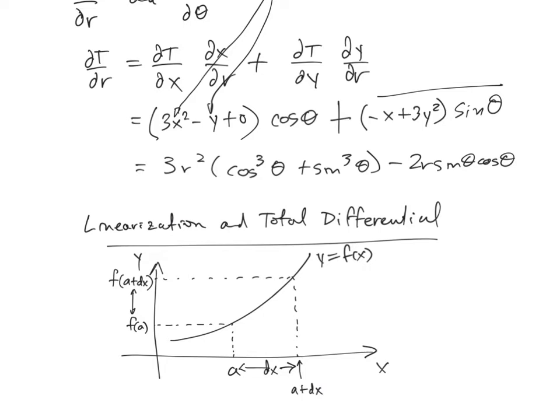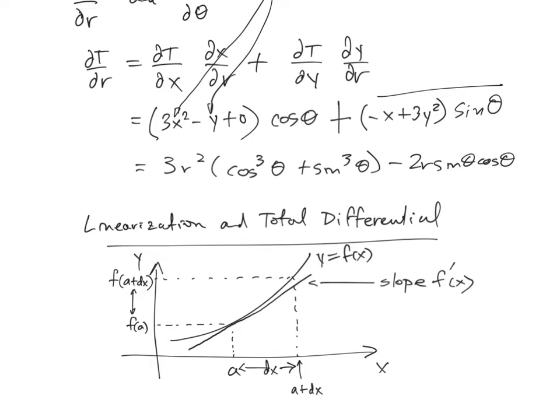We can say, if I draw a line tangent to the curve right at that point, and I find the slope of this line, how do I find the slope of that line? I can take the derivative of my function, right? The derivative of that function gives me the slope.